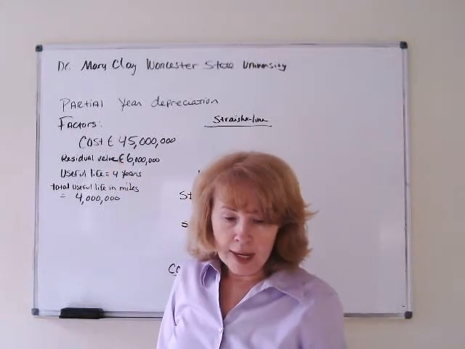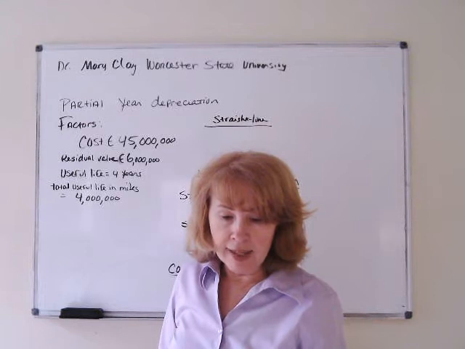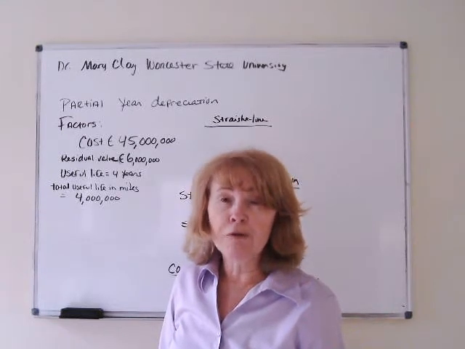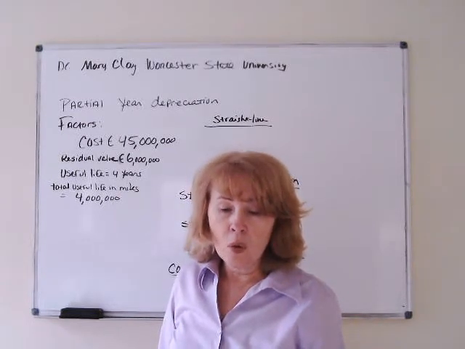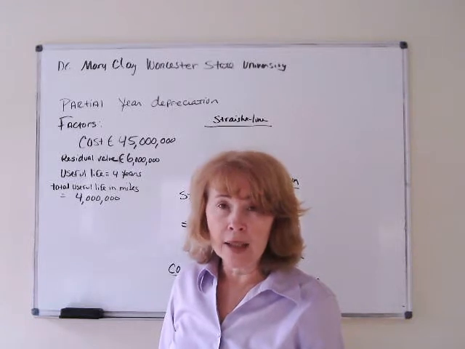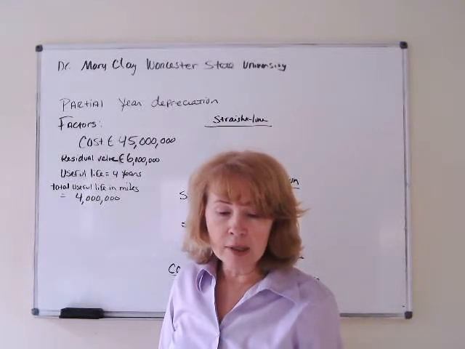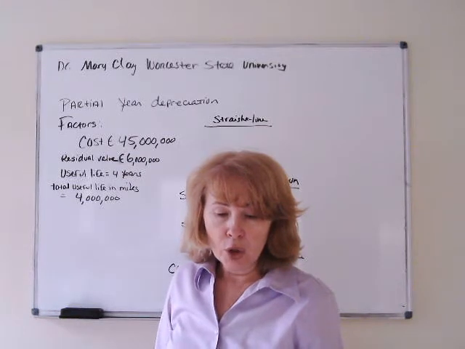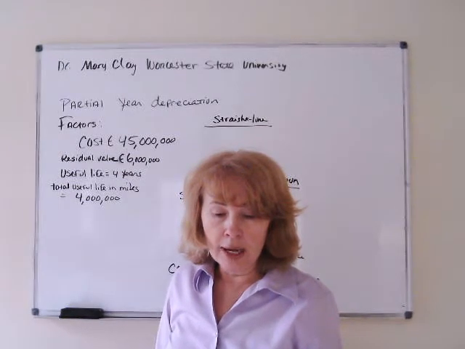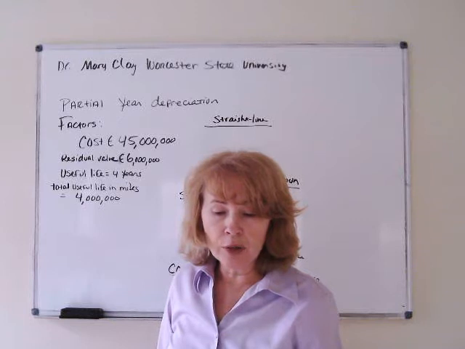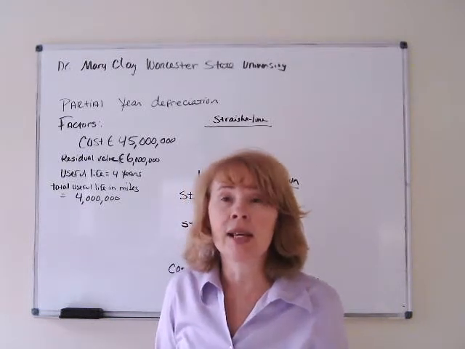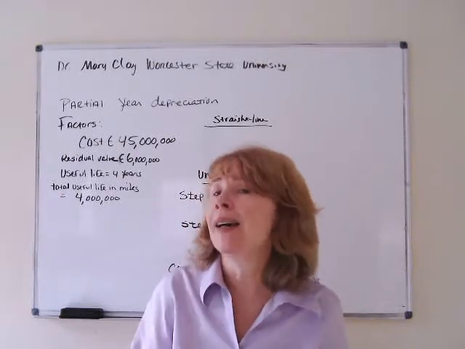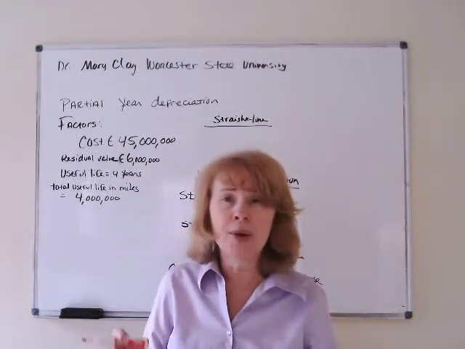EuroAir expects the plane to remain useful for 4 years or 4 million miles and to have a residual value of 6 million. EuroAir will fly the plane 350,000 miles during the remainder of 2017. Okay, we're going to use that in a minute. All those numbers are thrown at us.